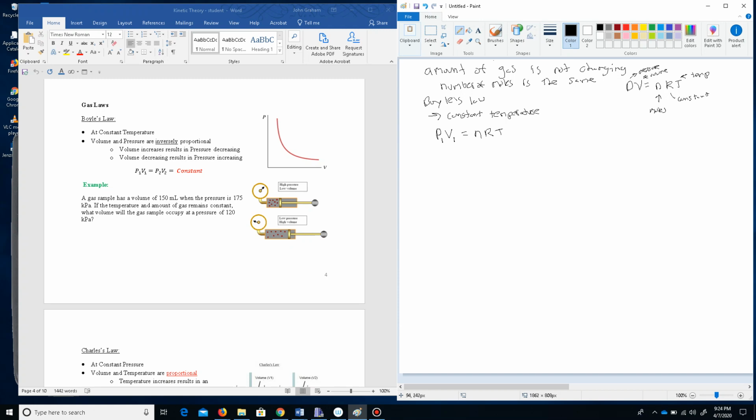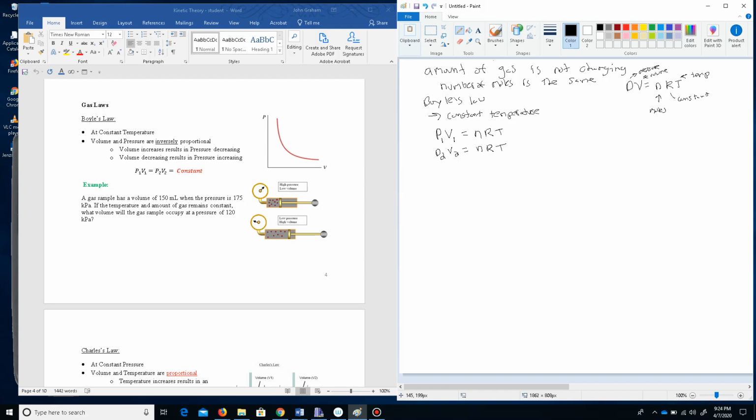Now if we change this gas without allowing anything else to change, we'll have a pressure 2 and volume 2. And it's going to equal the same number of moles, because that hasn't changed, the same gas constant, because that never changes, and the same temperature.